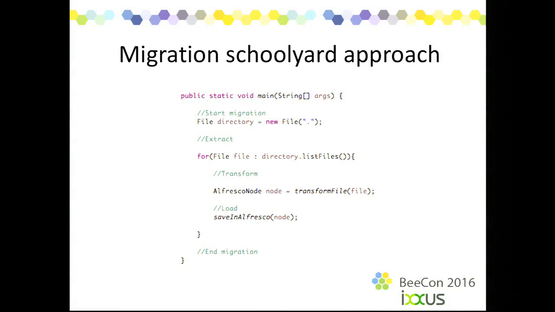We browse the directory, get the file, transform it to something that Alfresco understands, and we save it. Has anyone here tackled migration? Anyone? Any time? Yeah. Is that easy? Okay. So yeah.